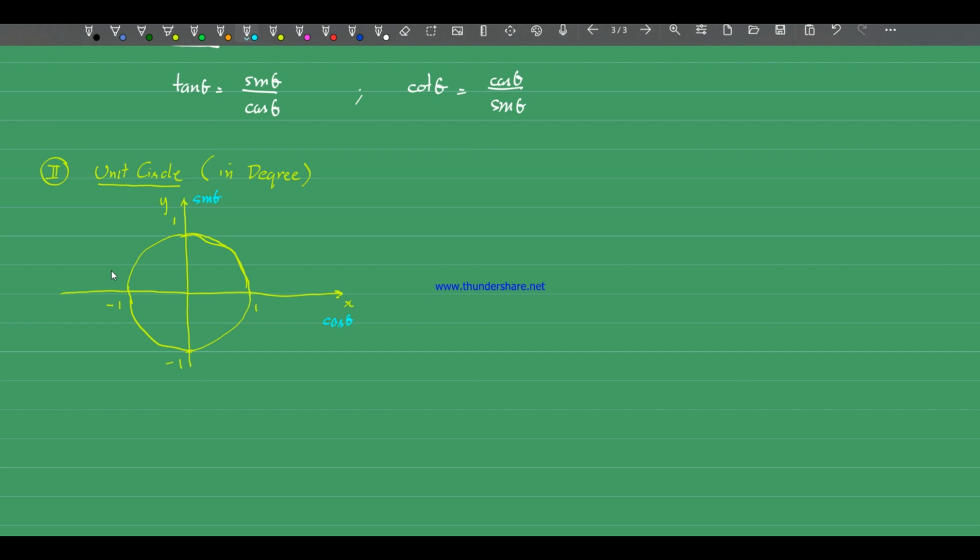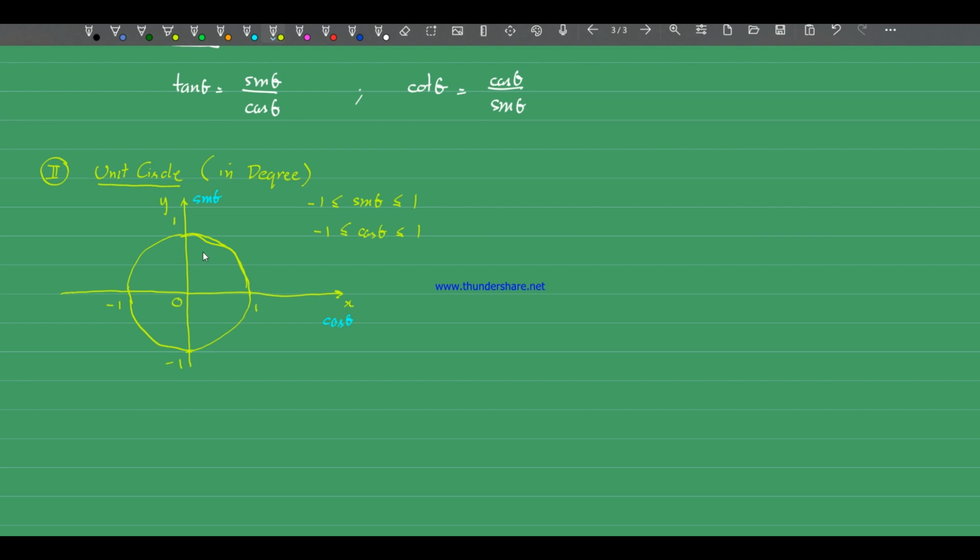So over here is 0, -1, 1, -1, 1. Remember that. Now you also see that the sine over here is between -1 and 1. This is what we can get out of the unit circle in degree. And the same thing for the cosine, -1 and 1.